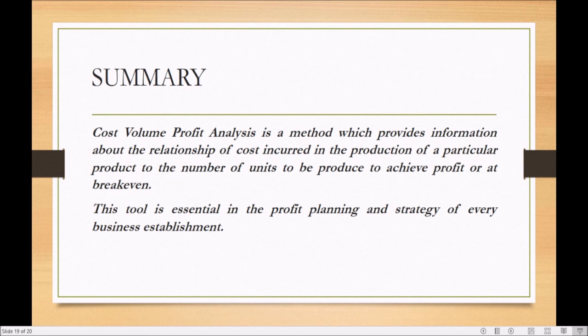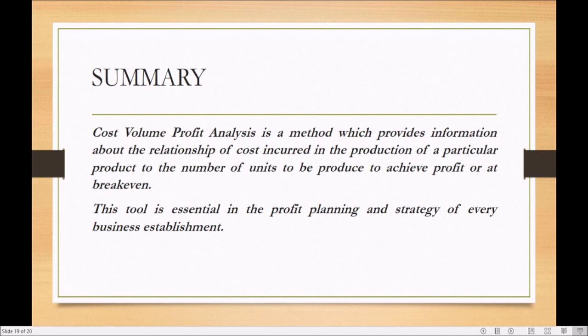Okay, from those items, we determine the price of registration, which is usually affordable sa mga participants. Then later on, we try to compute, no, the break-even point.